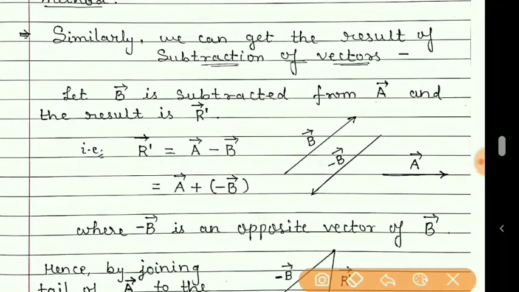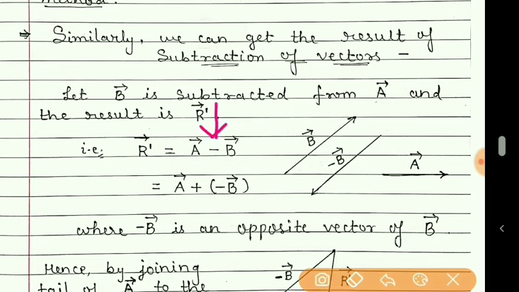Now about subtraction of vectors. Students, earlier we have seen A plus B, that is vector A plus vector B. Now here B is subtracted from A, that is A minus B. Let the result obtained be vector R dash. Students, subtraction means what?